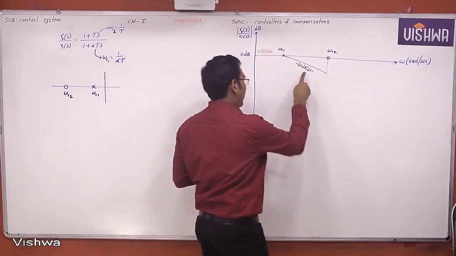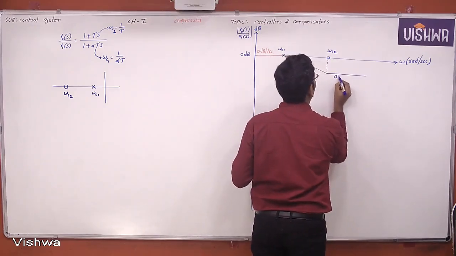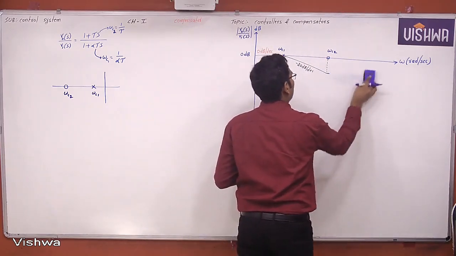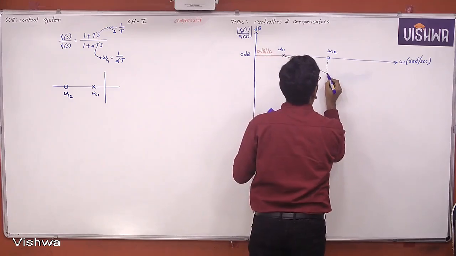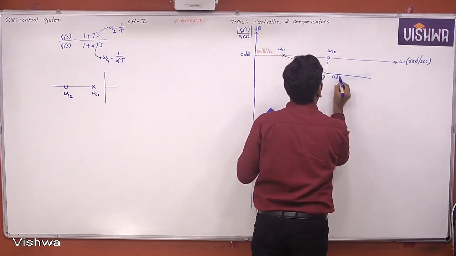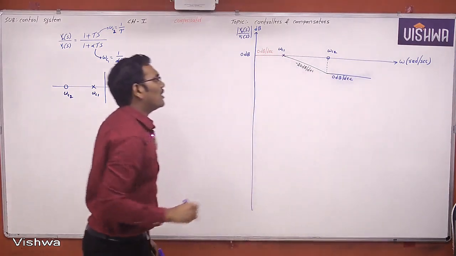Plus 20 minus 20 becomes 0 dB per decade. So this is the Bode magnitude plot.